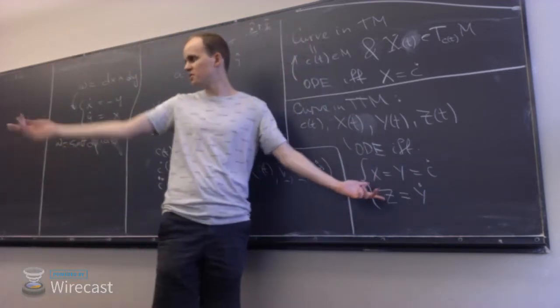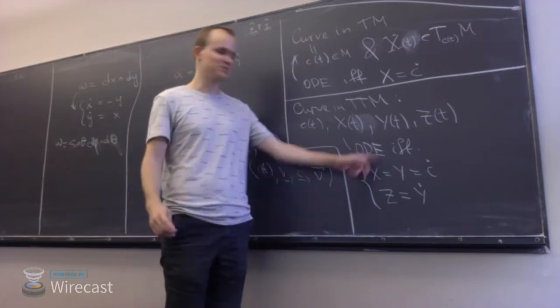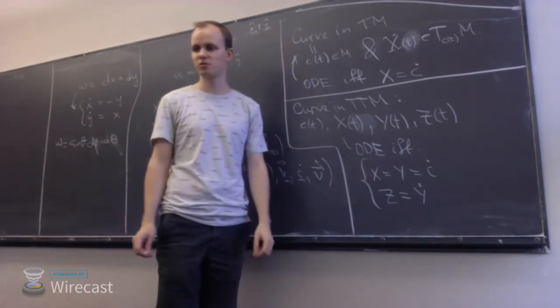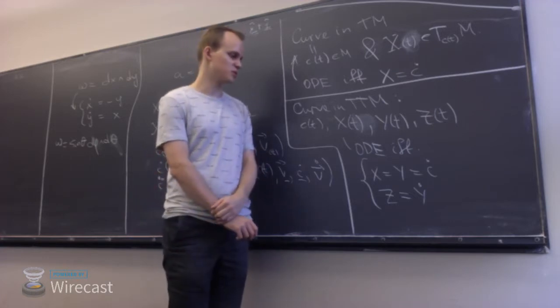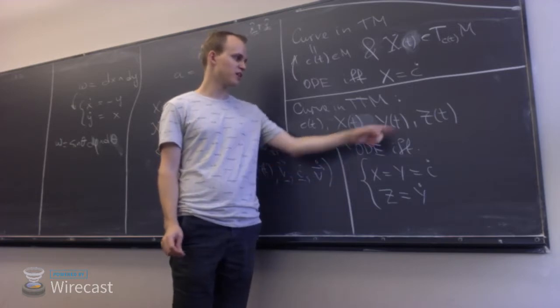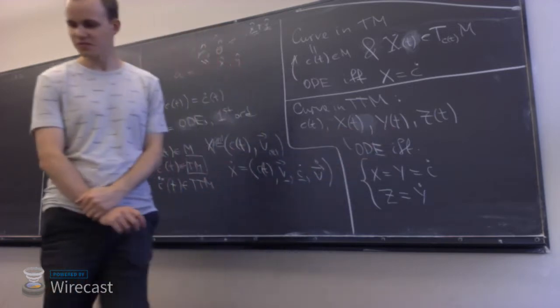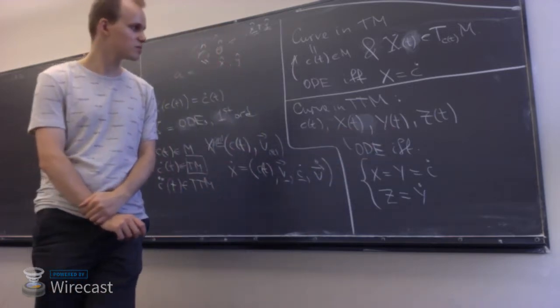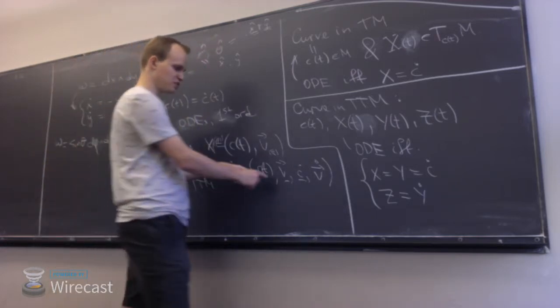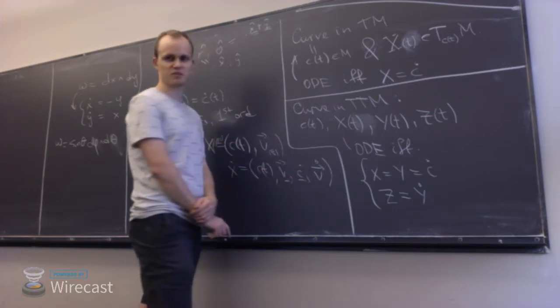Which is, as you said, that's what you meant, right? So you can break down the second order differential equation to two first order differential equations, by introducing a new variable, which is this middle part. Why do you have an x and a y? What are x and y? Because the double tangent bundle contains 4 pieces of information, right?